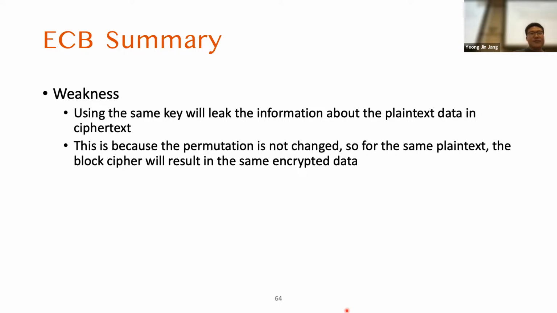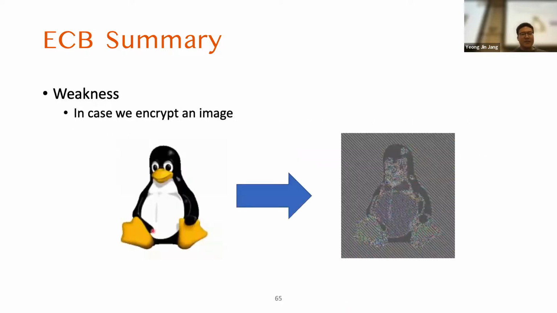To show the weaknesses in a picture, this is the picture of the penguin for Linux. If we use ECB mode, no matter what kind of block cipher algorithm you use, if we encrypt this kind of bitmap with ECB mode, it will result like this. Do you think that ECB is secure right now? Not at all, right? It may leak something.